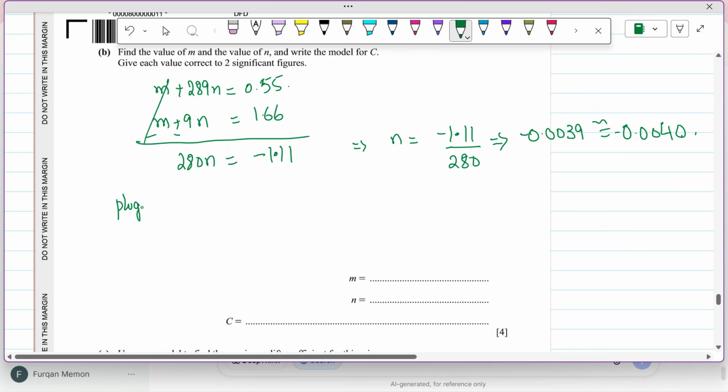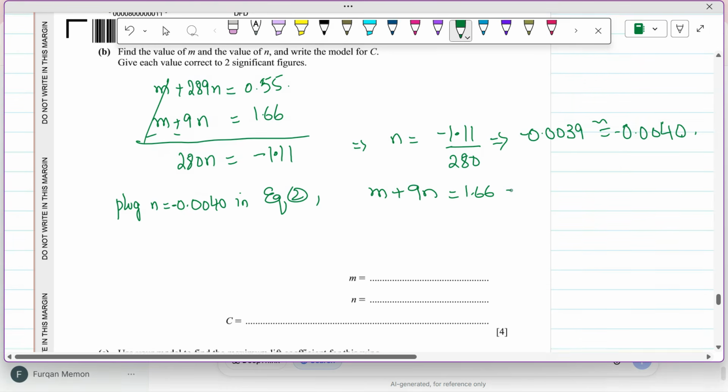Plug n equals negative 0.0040 in equation 2. Equation 2 is m plus 9n equals 1.66.